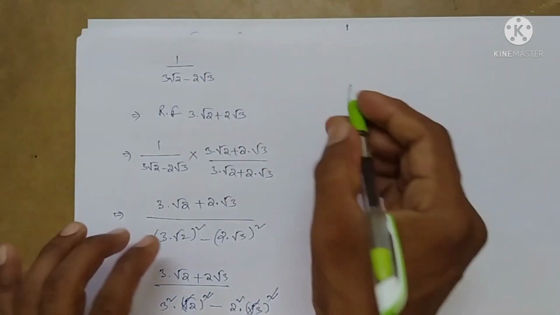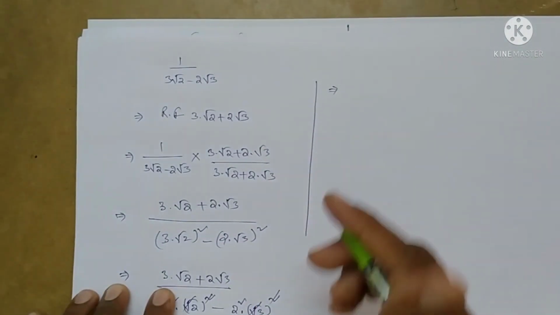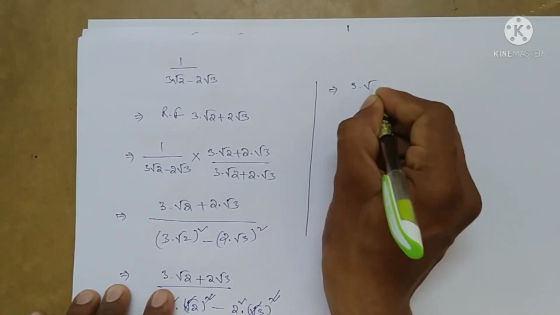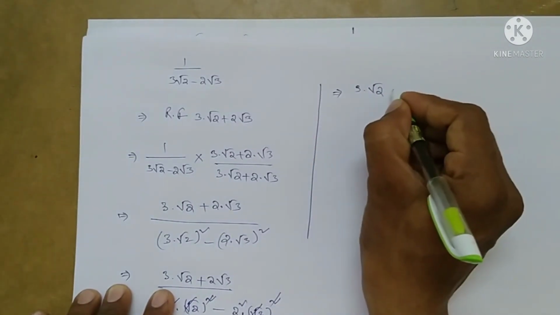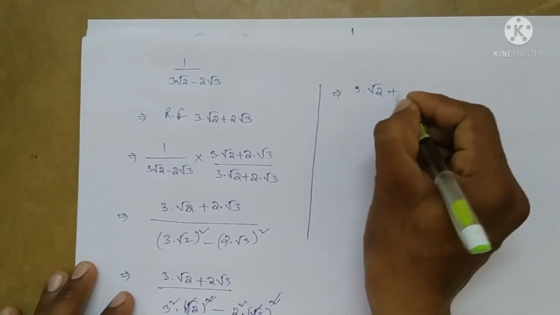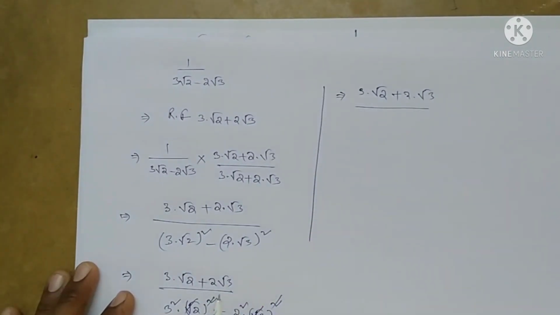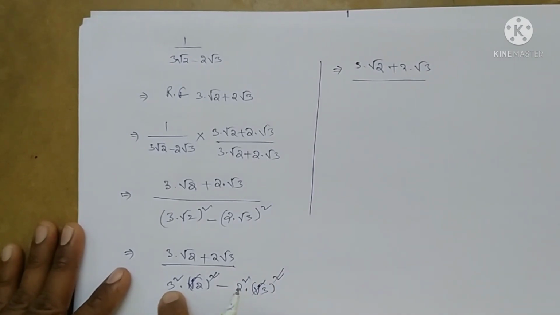So that is equal to 3 into root 2 plus 2 into root 3 by, here 3 square means 9, 9 2s are 18. Here 2 square means 4, 4 3s are 12.